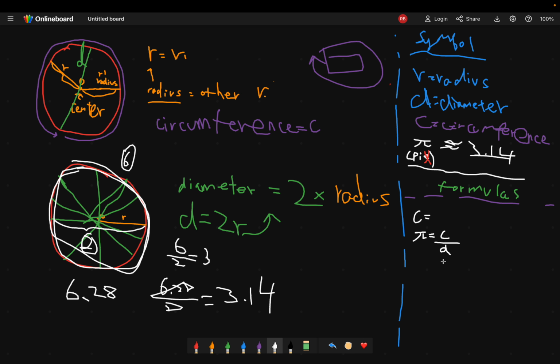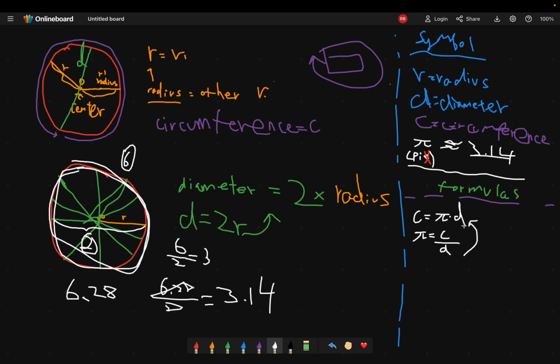All right, let's get back over here. Pi is circumference over diameter. If we know that, I believe you are all good for a little algebra tonight, okay? If we multiply by diameter on both sides, we get pi times d.